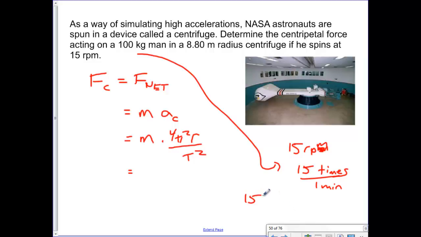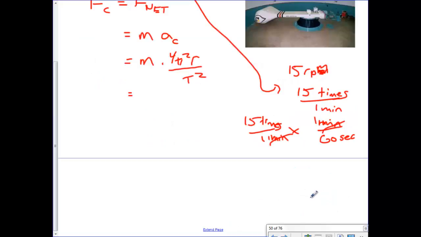So how do I convert that to seconds? 15 times in 1 minute, multiplied by 1 minute, oh my goodness, I'm having a horrible day writing things, over 60 seconds, and that would cancel away your minutes. So really divide by 60. Okay, so 0.25 times in 1 second. That's a frequency.